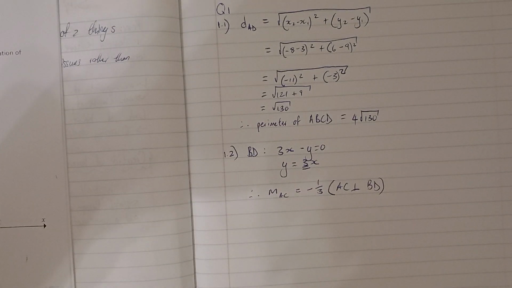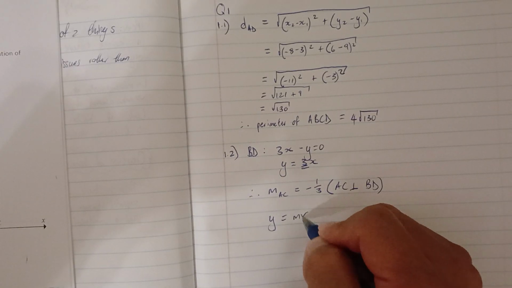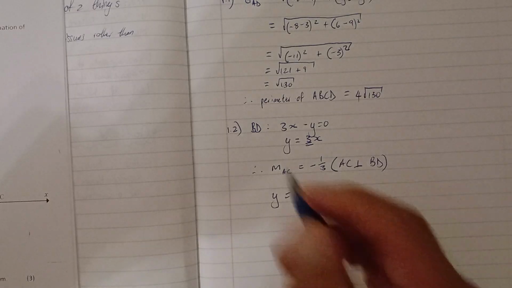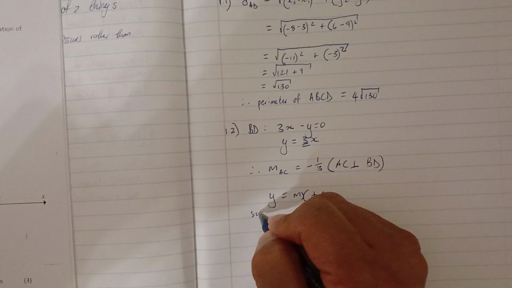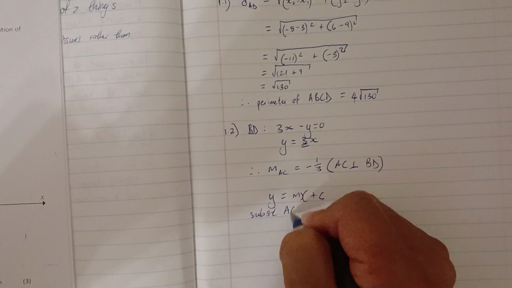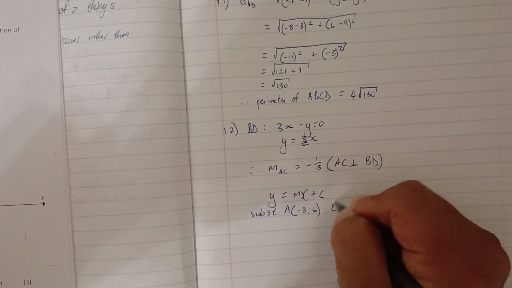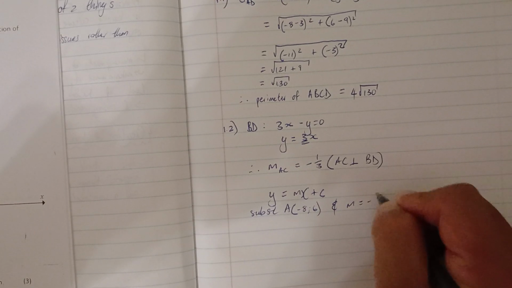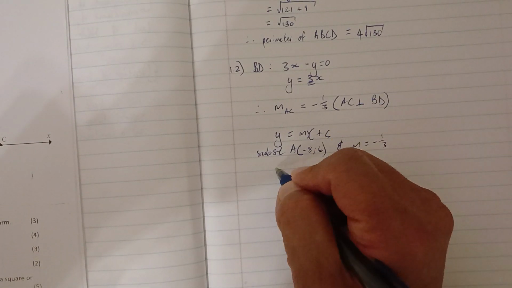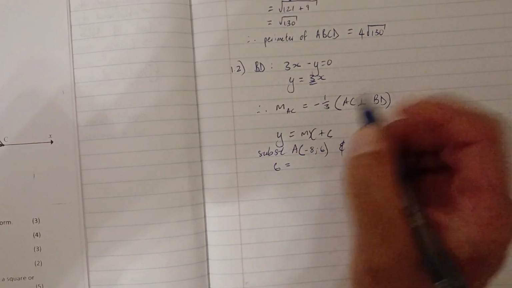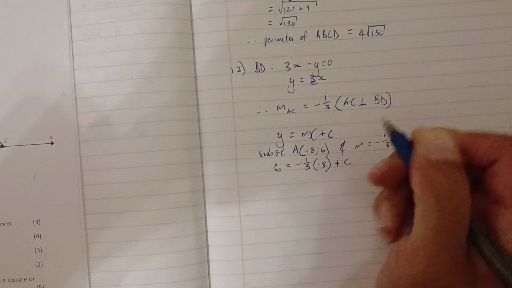Alright, so now I can go back to the standard formula. Right, now I'm going to substitute the coordinates of A as well as the gradient. So y is 6, gradient is negative a third, x is negative 8, plus c.